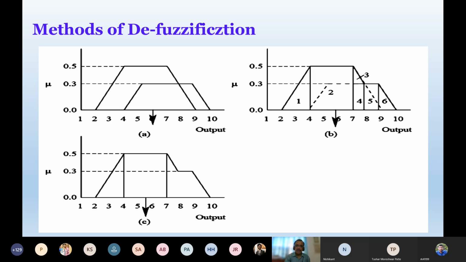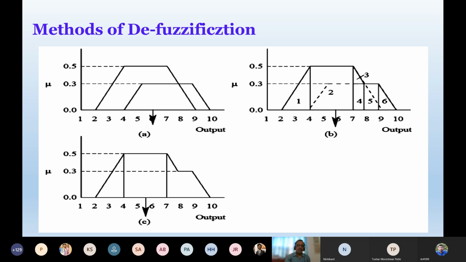But the computational complexity of the first method, that is your center of sums method, could not be eliminated. Once again, this will remain computationally very expensive, might be slightly less than this, but it is computationally expensive or equally expensive. Now to overcome that, we took the help of your mean of maxima method.